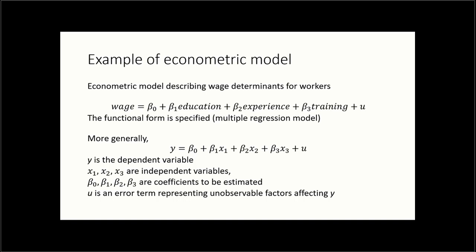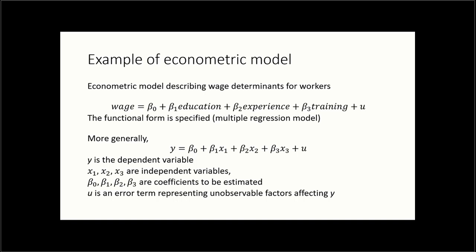So here the functional form is specified. That's the multiple regression model that we will talk about later on. More generally, we can define this as y equals beta 0 plus beta 1 times x1 plus beta 2 times x2 plus beta 3 times x3 plus u.